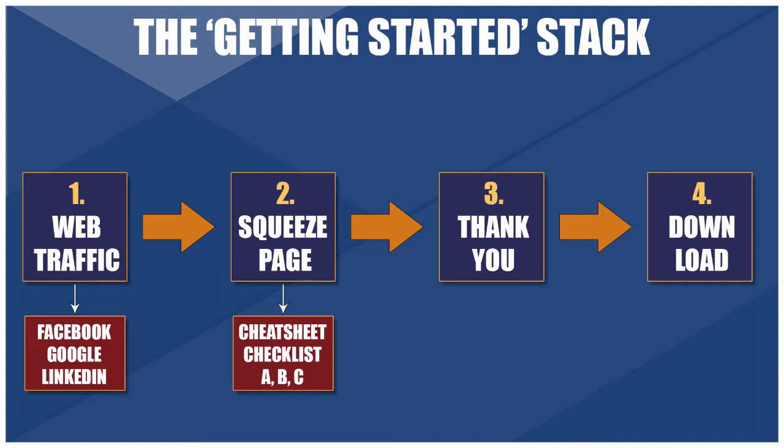Right, the next step is to redirect them after they've subscribed. So on this page, you can ask them if they'd like to buy your product, which can be a more advanced version of the lead magnet. Newbie marketers often make the mistake of putting their main product, their core product, on this page and then expecting a sale.